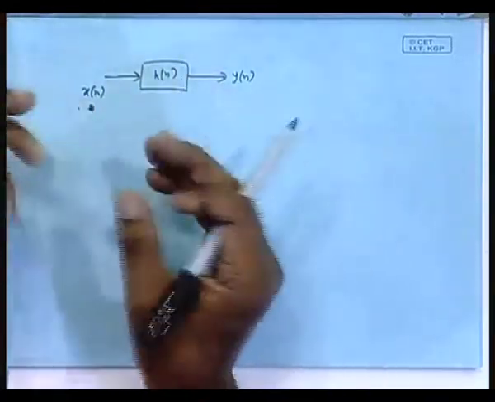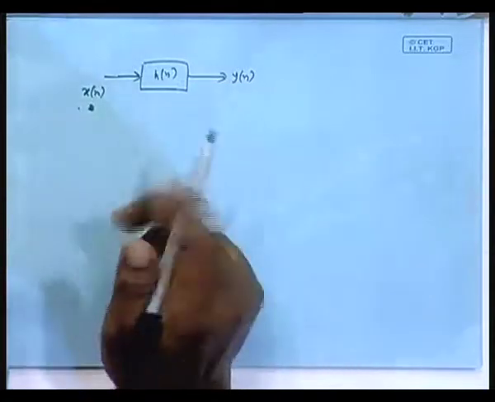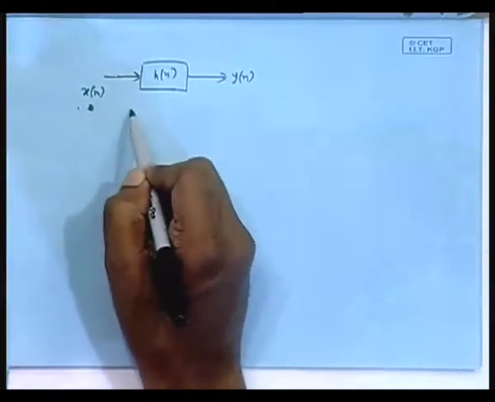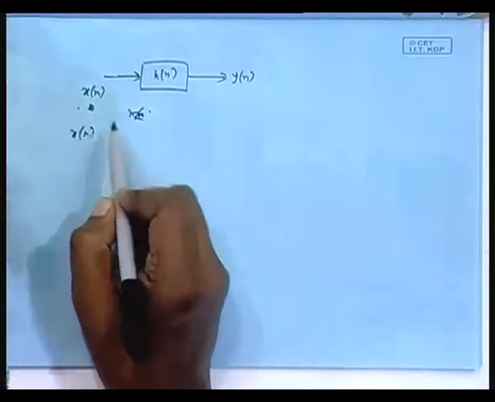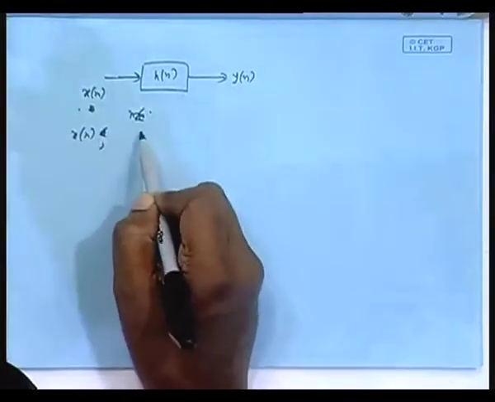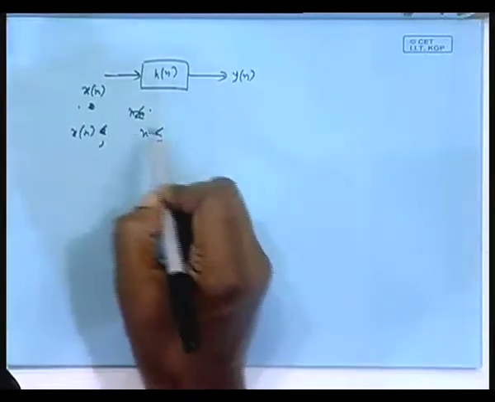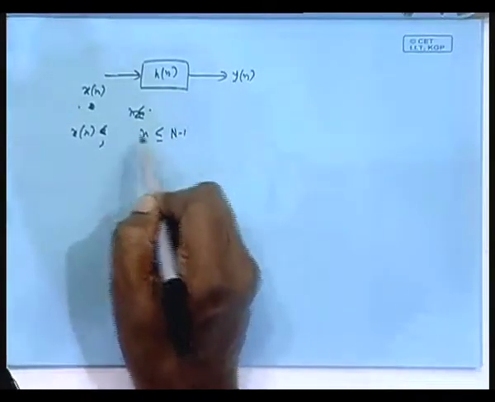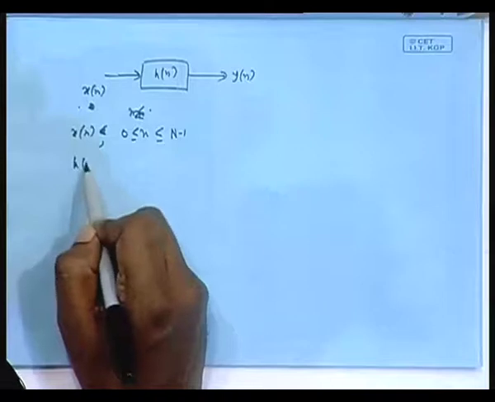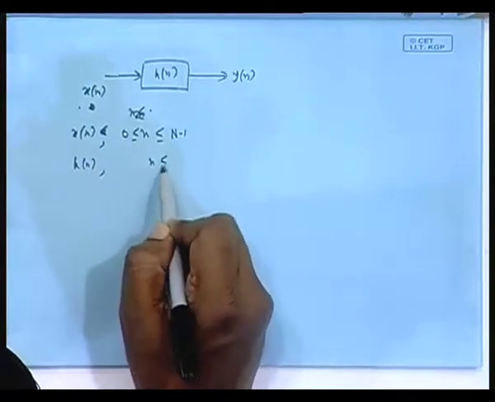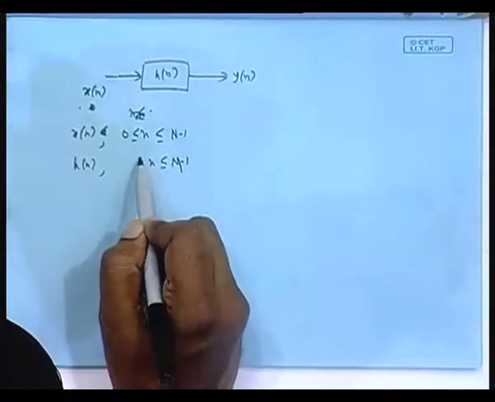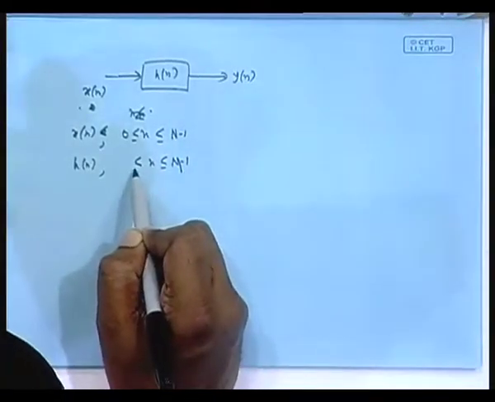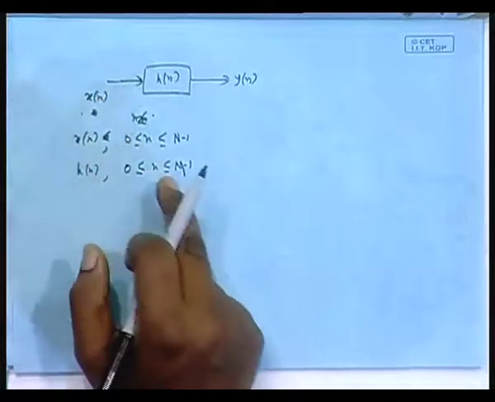If not, you can add some zeros and make them the same length. Length is say n. That is x n, for n equal to 0 up to, in the most general case, capital N minus 1. And h n, not n but m, of length m.